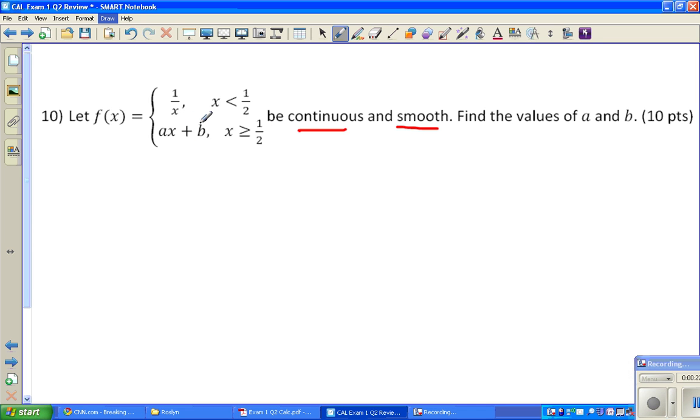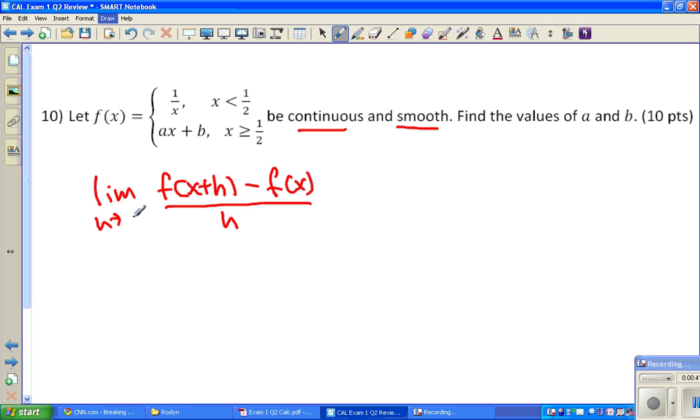So let's try looking. Limit of f of x plus h minus f of x over h as h approaches 0.